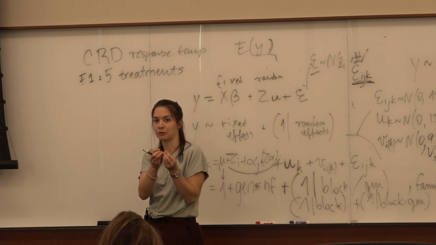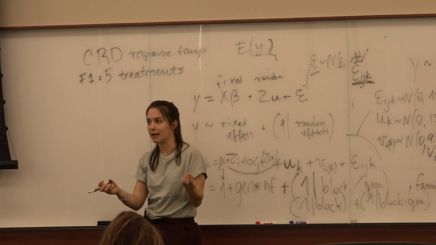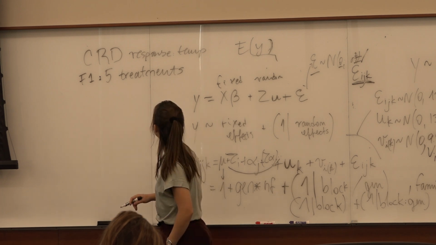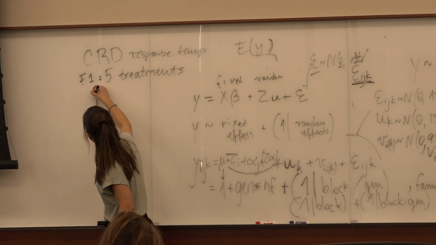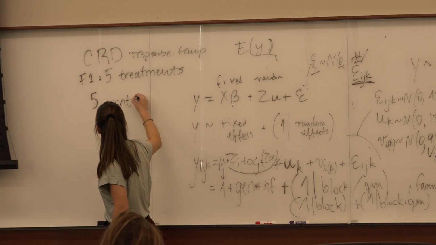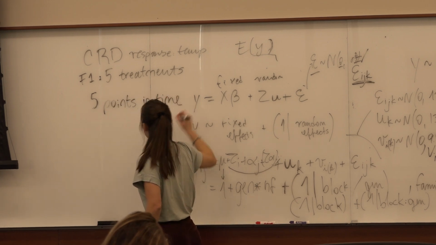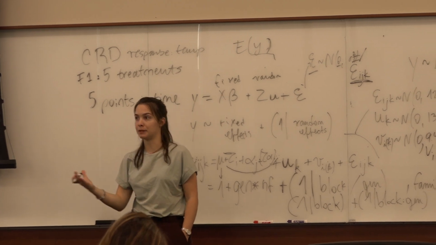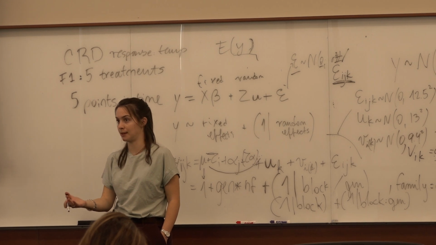Time is actually the element we want to analyze, if that changes the temperature, at 5 different points in time. This was measured. And we were following the same experimental unit, right? So that makes this a repeated measures example.